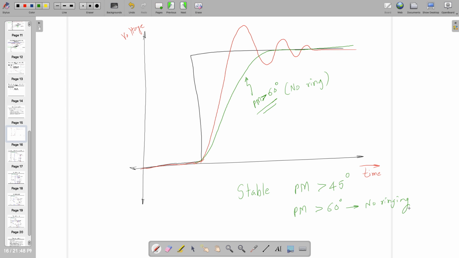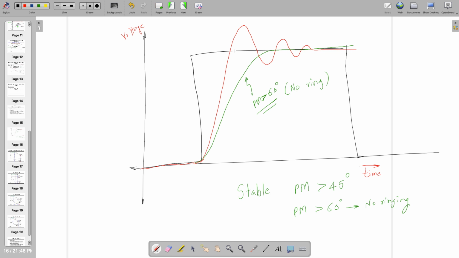And these things depend on the fact that your time constant is small enough that it gets settled before the next cycle of the clock happens. So if your system requirement is much faster than this, then you have to make sure that your system gets settled much before that.